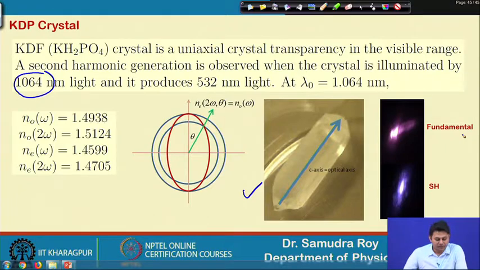However, the fundamental light, if I launch it at 1064, is difficult to see because it is not possible to see with your naked eye. You need special equipment to see these IR lights, but in the experiment we can do that, and this is the nature of the fundamental light.